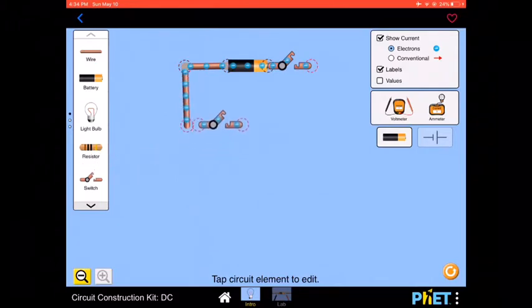Let's put a switch here. Alright, let's put a bulb there. Copper wire.